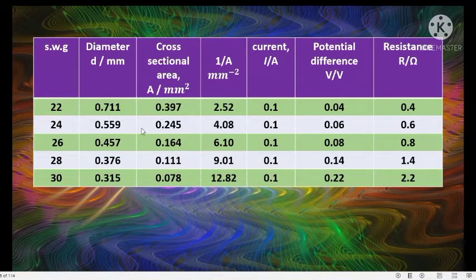All calculated values, you must state in 3 significant figures, 2 to 4 decimal places. Then 1 over A, 1 over cross-sectional area. You just calculate using a calculator, 1 divided by 0.397, so you get 252. This one also minimum is 3 significant figures, 2 decimal places.